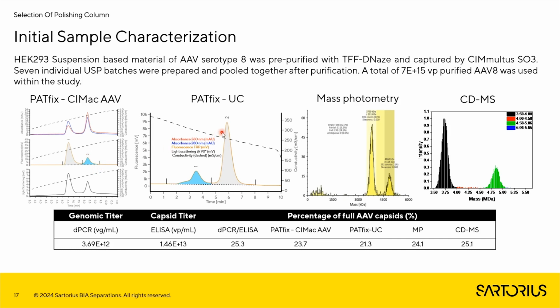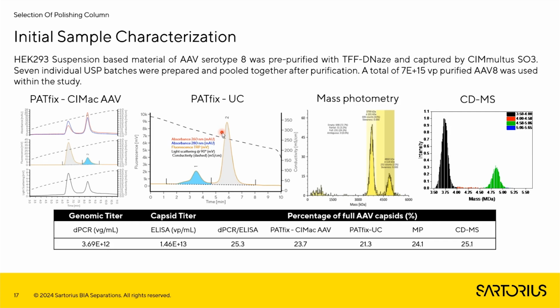The next one was the PATfix UC. UC stands for ultracentrifuge. This is the approach that we also do in-house, and it is a preparative ultracentrifuge with cesium chloride, which is then coupled with our PATfix apparatus that basically has all of the detectors, and it picks up the different signals.